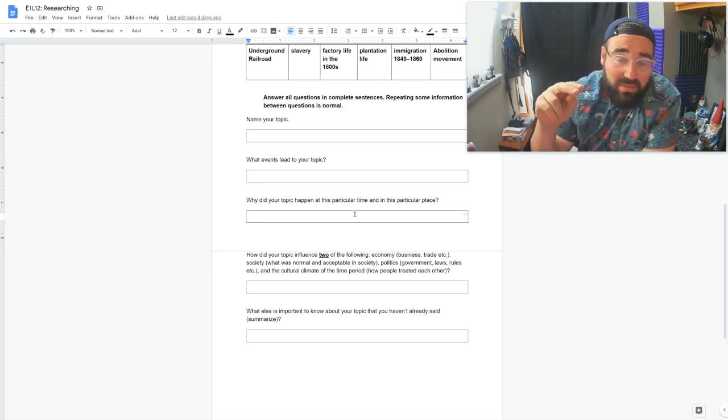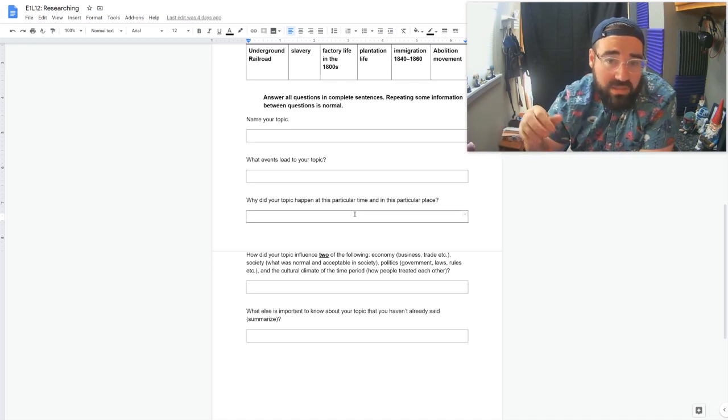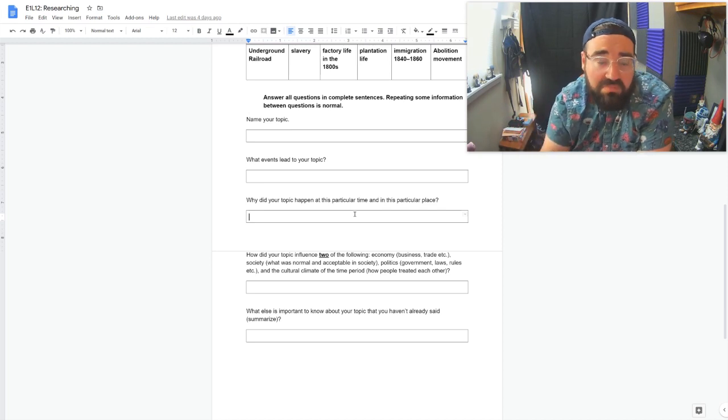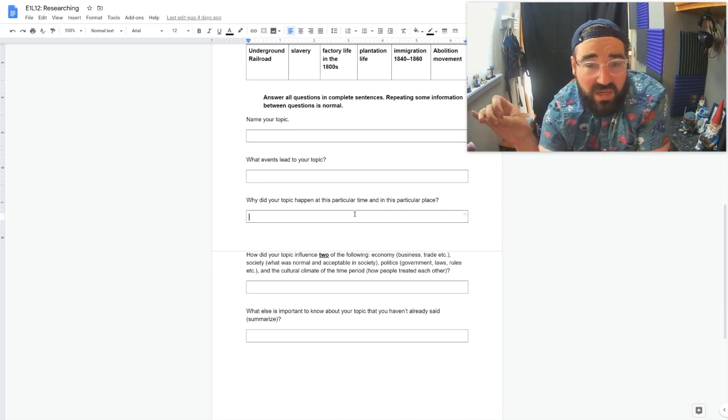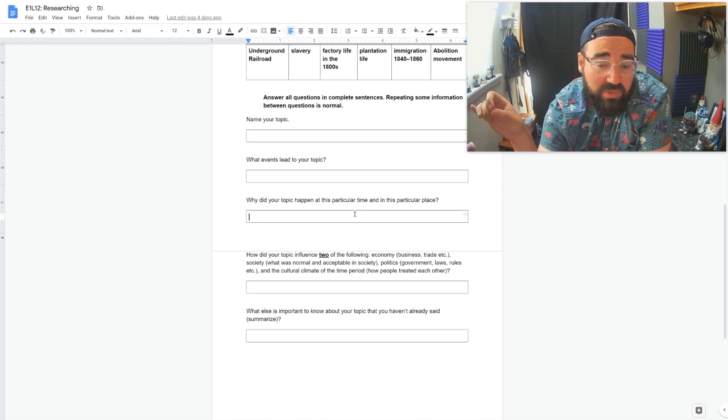So, we'll list those events off, but then you're going to want to describe what made, say, America at this time, and not later or before, ripe for the taking of this to happen. For example, why did slavery happen more in the South than the North? There wasn't necessarily events that made it more possible for the South to have slaves than the North. So think about that.